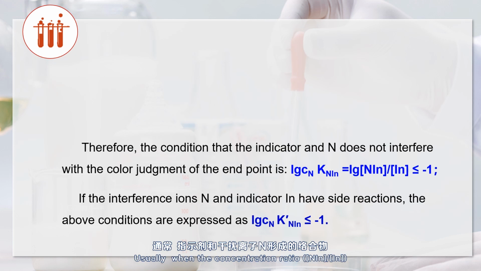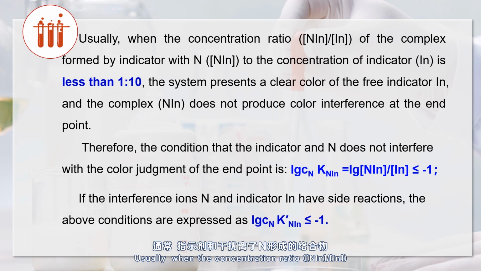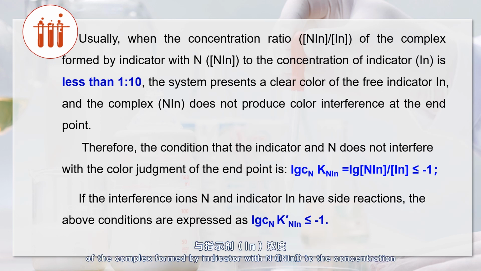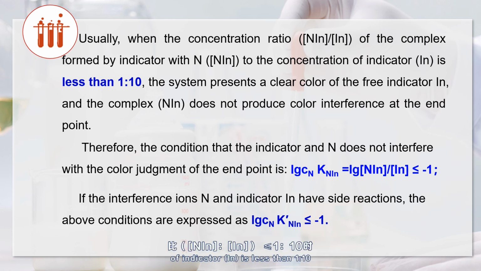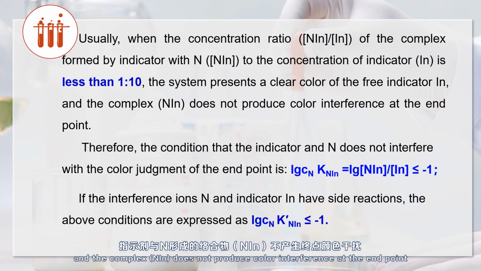Usually, when the concentration ratio [NIn]/[In] of the complex formed by the indicator with N to the free indicator In is less than 1 to 10, the system presents a clear color of free indicator In, and the complex NIn does not produce color interference at the end point.